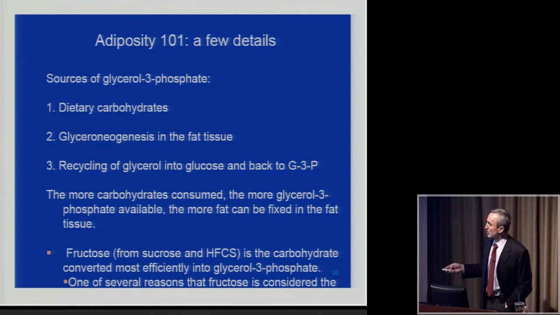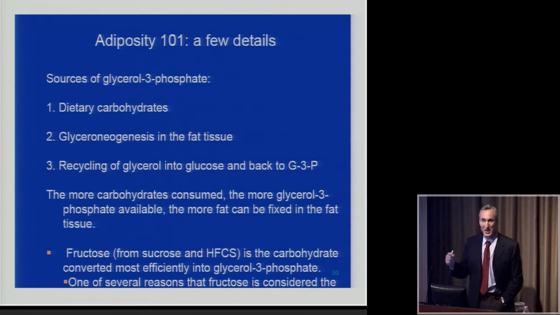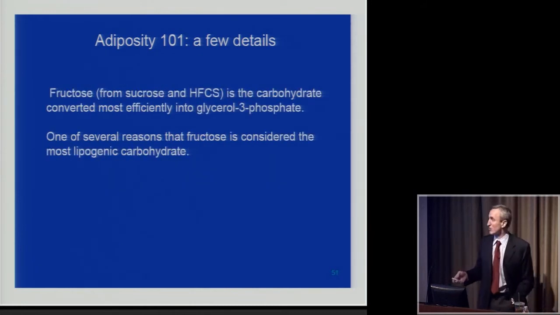And because you can get so much glycerol 3-phosphate from fructose, it's the carbohydrate converted most efficiently into glycerol 3-phosphate. It's one of several reasons, my apologies for this slide, that fructose is considered the most lipogenic of carbohydrates. That's an entirely different lecture about the role of sugar and high fructose corn syrup.